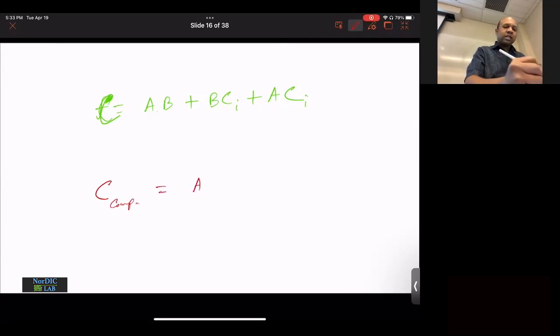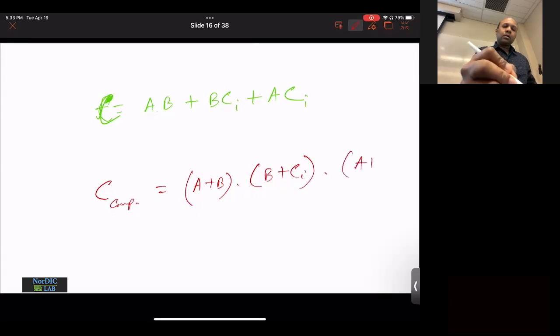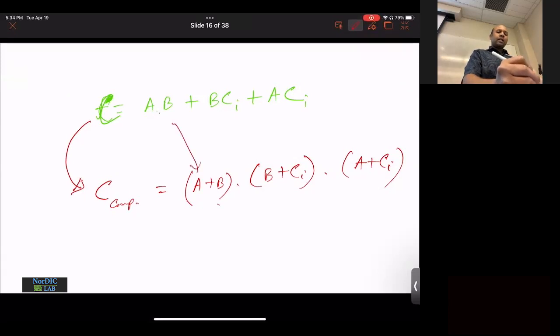Let's convert this product into sum, so AB becomes A plus B, and sum will become product. Can I do that? So making this complementary means to convert this product into sum and sum into product.